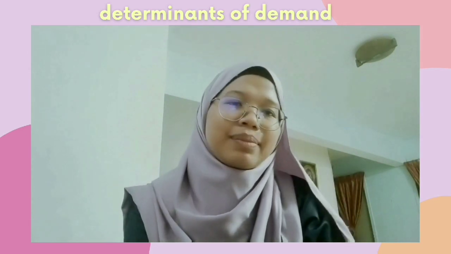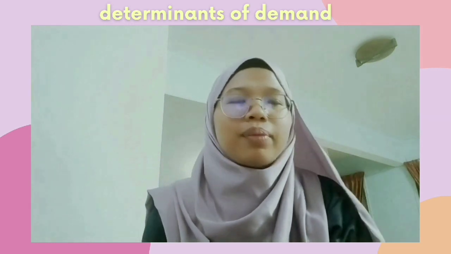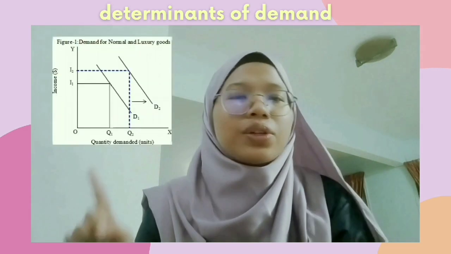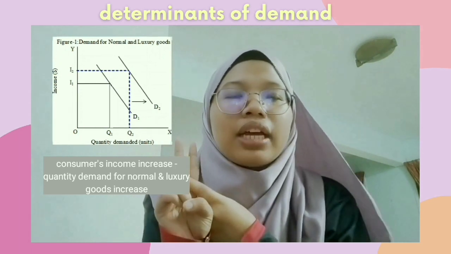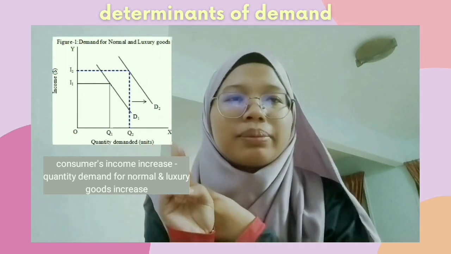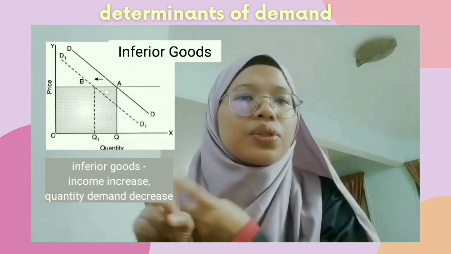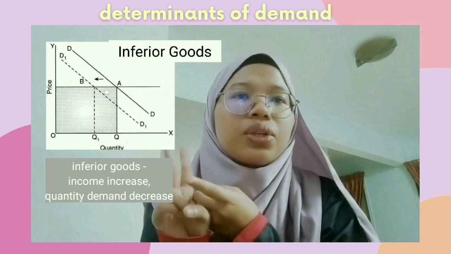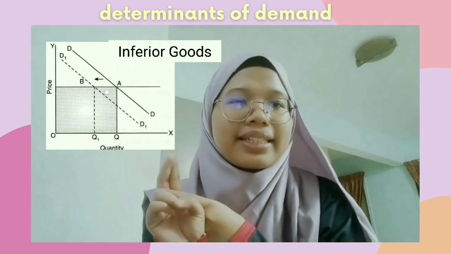Alright, the second determinant of demand is income. Basically, this is the income of the consumer. When consumers' income is high, the quantity demanded for normal goods will increase. But for inferior goods, when consumers' income is high, the quantity demanded for inferior goods will decrease.